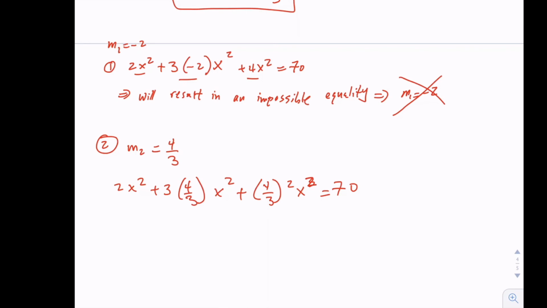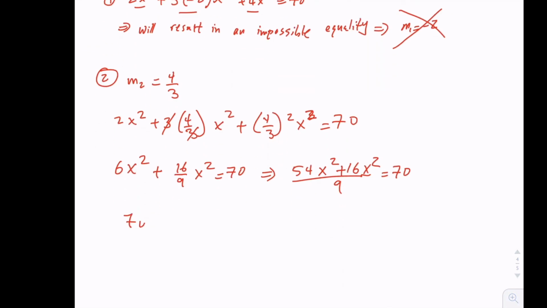And from here this 3 cancels with this 3, so we'll have 6x squared plus 16 over 9 x squared is 70. Therefore 54x squared plus 16x squared over 9 will be 70.